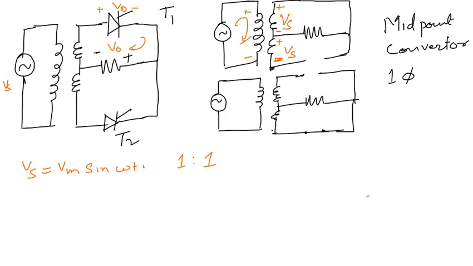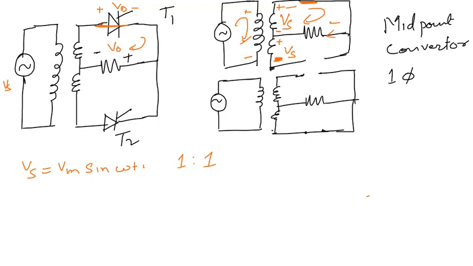So as your SCR T1 is forward biased, as you can see, this is my polarity, this is positive here, so it will be forward biased in the first condition and it will conduct. But the T2 SCR is negative, that is reverse biased, so it will not conduct. So what is my voltage?